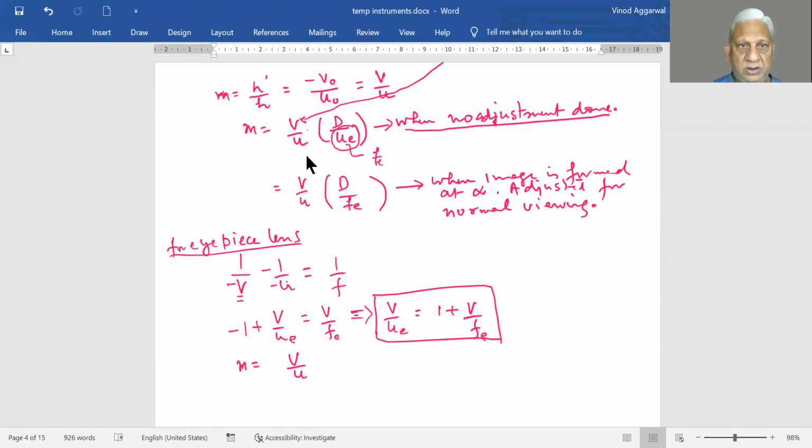So in this case, our magnification becomes, taking the original formula, magnification is V by U into D by UE.